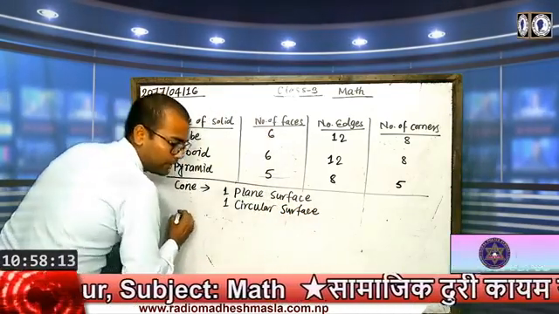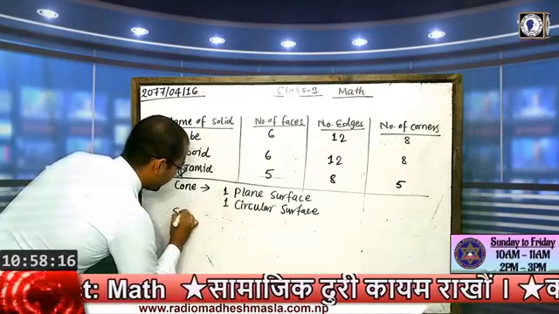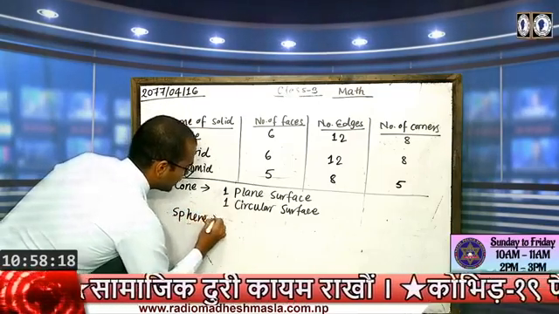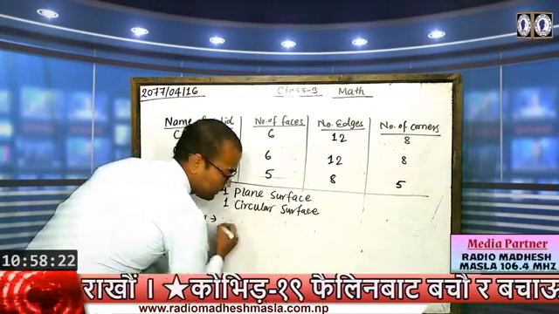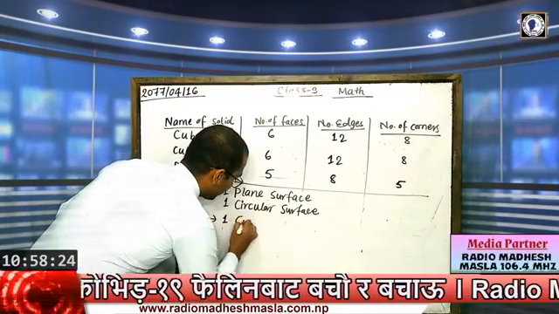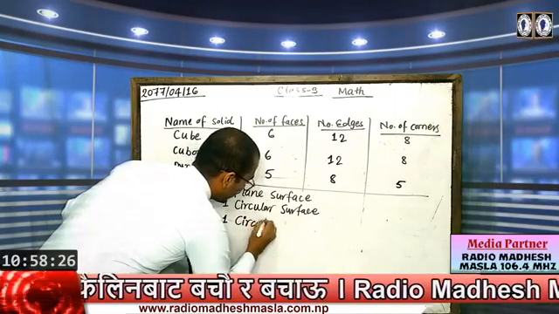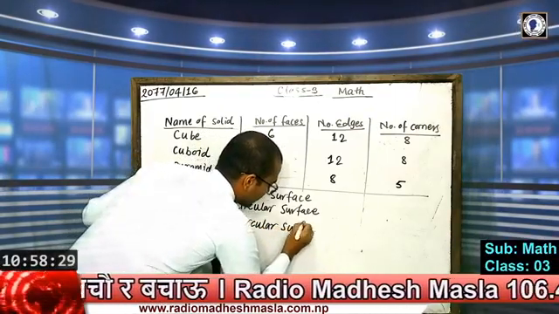In the same way, if we talk about a sphere, in a sphere there is only one circular surface.